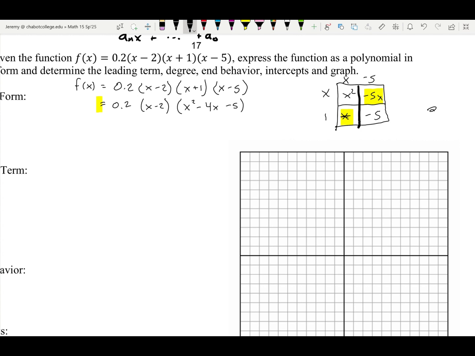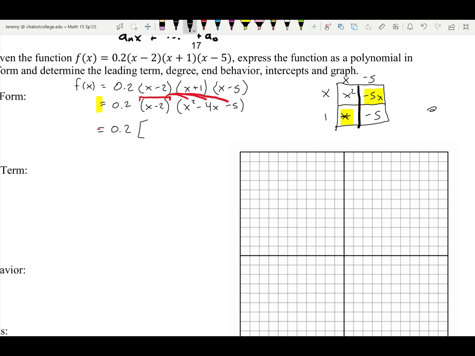Okay, and then for the next step of multiplication, I am actually going to distribute. I'm going to take this x minus 2 and I'm going to distribute it to each of those terms in there. Multiplying a binomial with a trinomial is a little more work. So we'll do that.